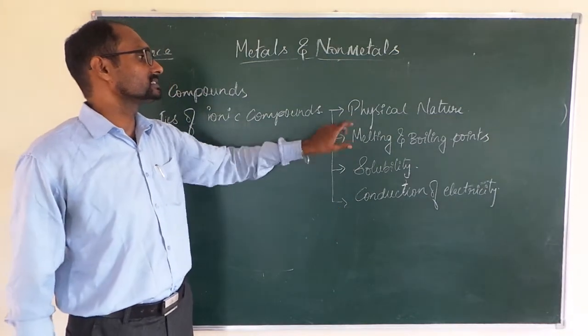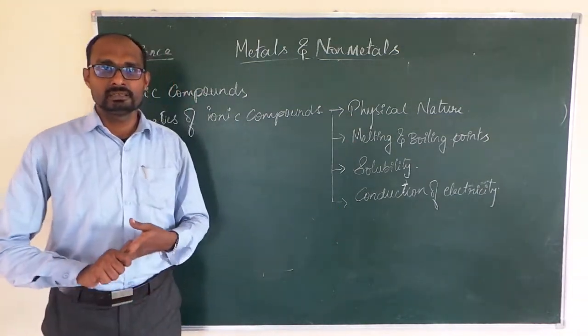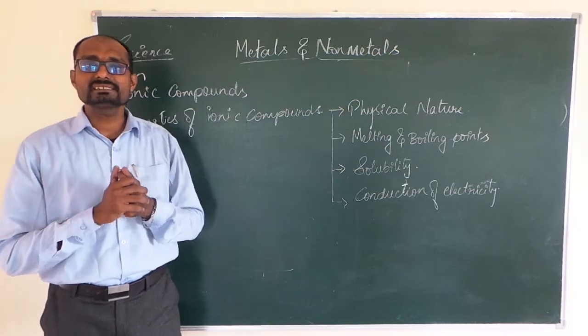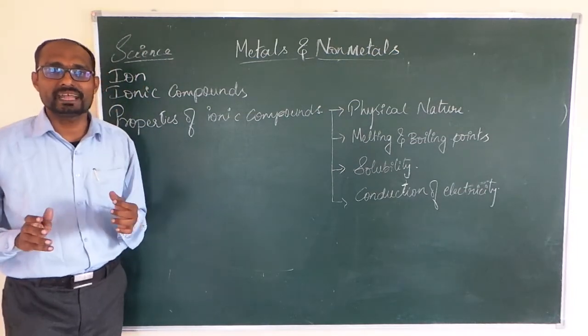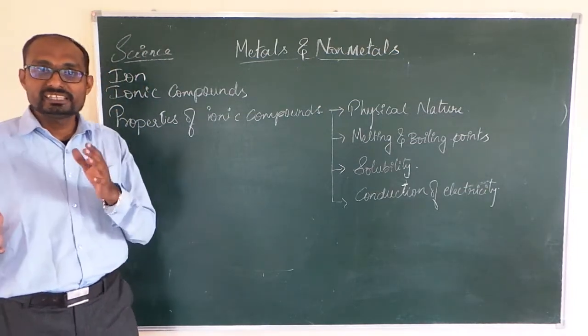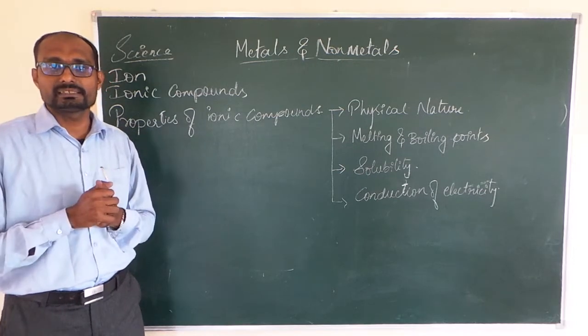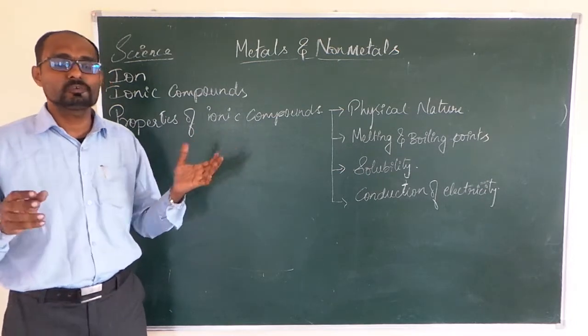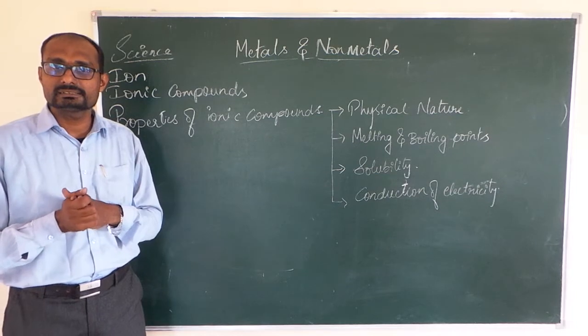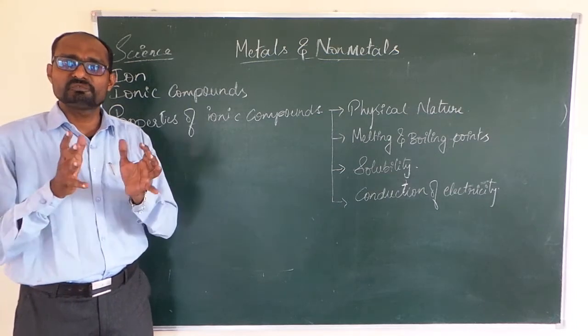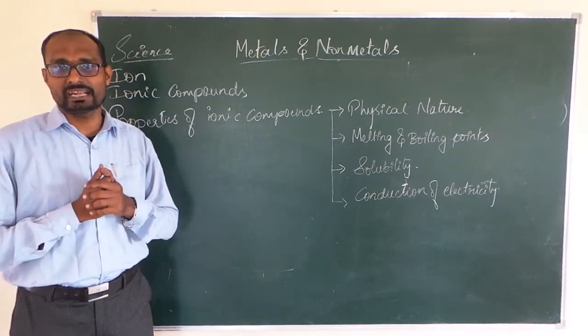First, starting with the physical nature. Remember, there is a strong force of attraction between two oppositely charged particles. These compounds are formed from charged particles between which there is a very strong force of attraction.